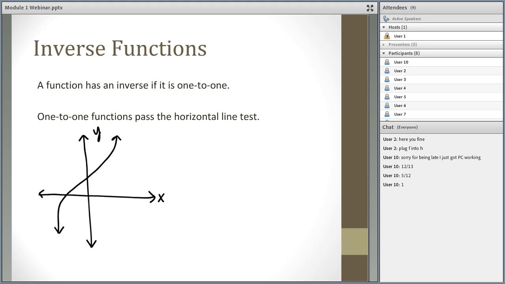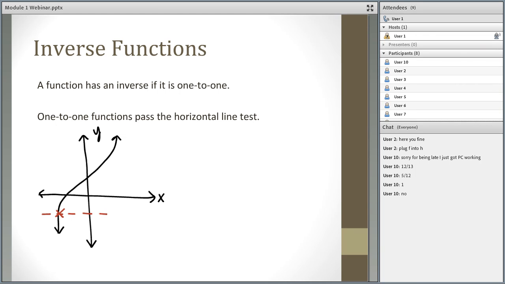So let's say that I have this graph. The horizontal line test means, is there any place on this graph that I can draw a horizontal line and cross the graph more than once? Is there any place where that happens? So if I draw the graph, good. No, there isn't.